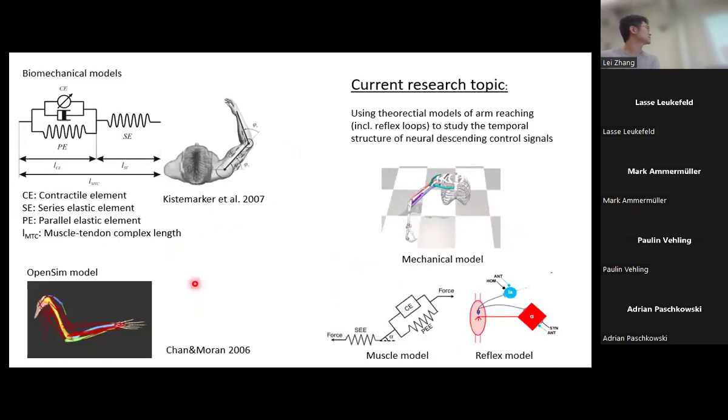Okay. So based on this, we can do some simulation in research. First we have the so-called Hill-type muscle. In this, we are modeling the muscle properties. Here, C is the contractile element, which is the active muscle force.